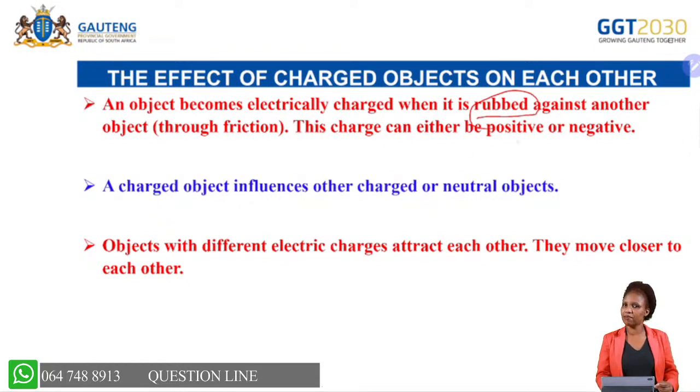This charge can either be positive or negative. If we say positive, it will be the protons, and negative, these are electrons. A charged object influences other charged or even neutral objects. Objects with different electric charges attract each other. They move closer to each other.